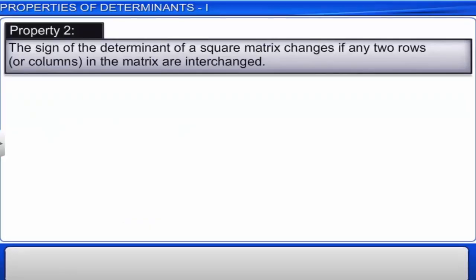Let's now move on to the next property. It says that the sign of the determinant of a square matrix changes if any two rows or columns in the matrix are interchanged.